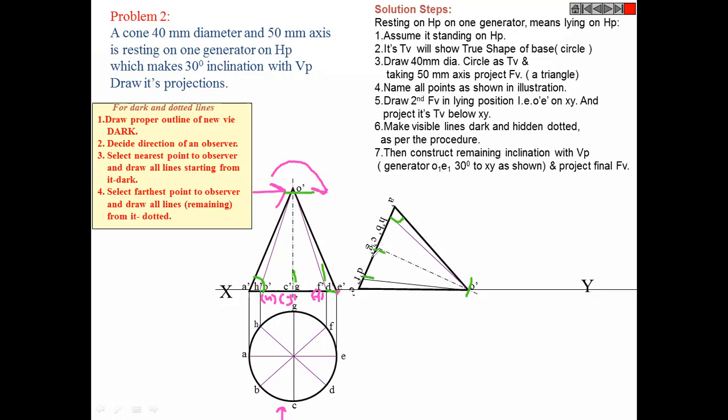So what we are actually doing is regenerating the whole object in such a new position. That's it. We are not changing its orientation with respect to this plane or the opposite plane.